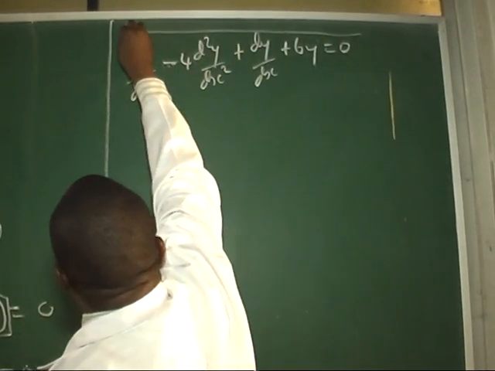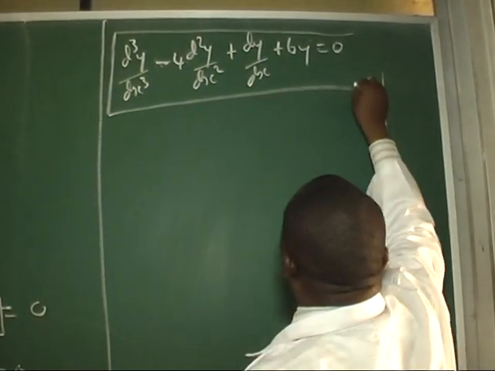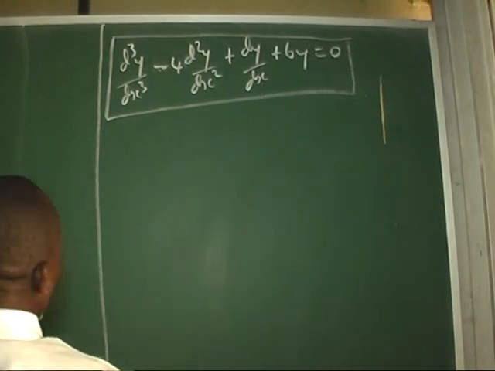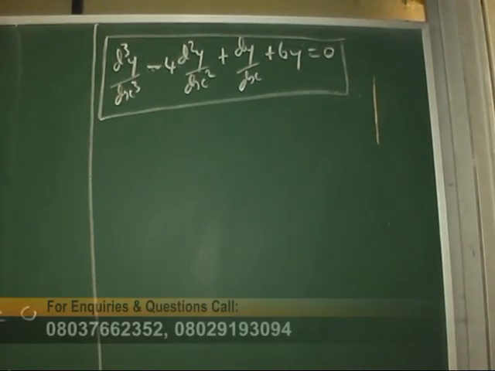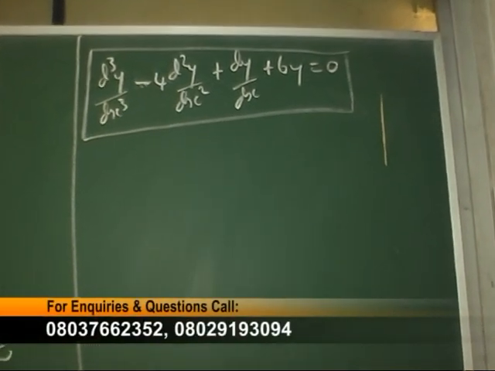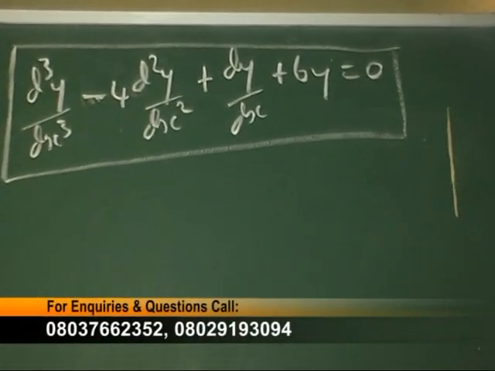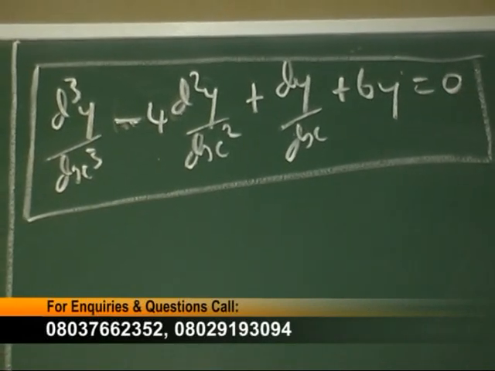So in that way, we are able to form the third order differential equation. So that is how we can form a differential equation by differentiating and removing the constants.